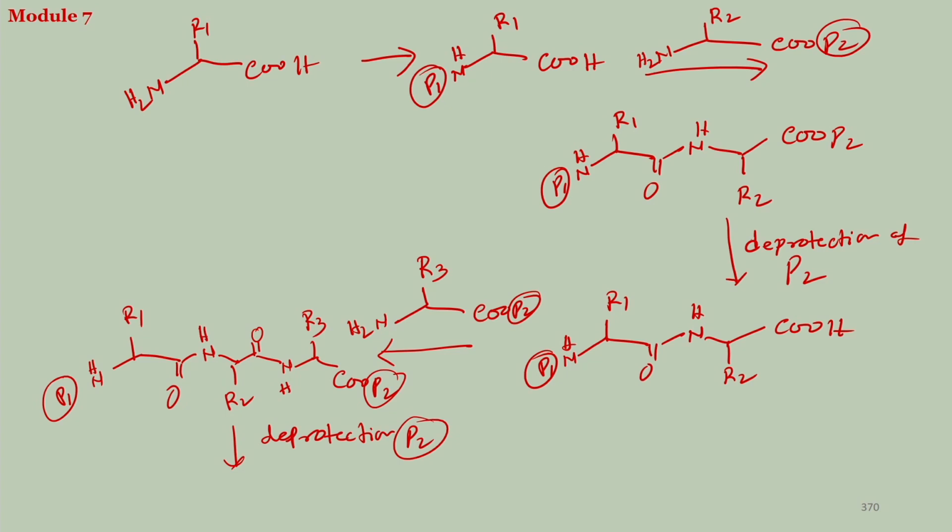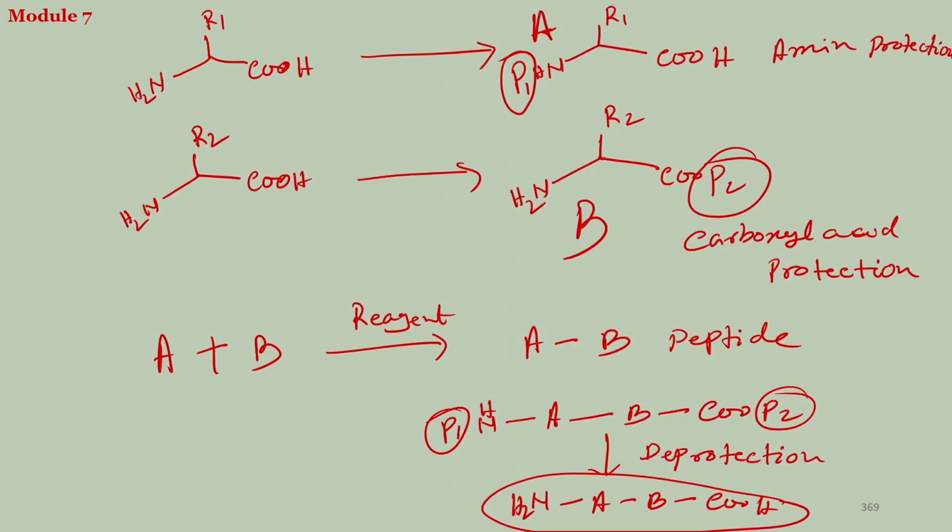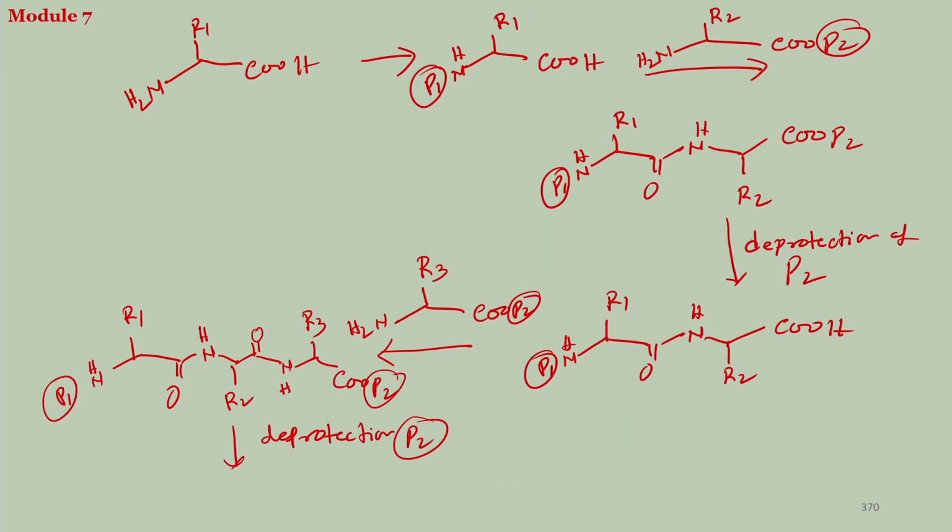We use it for, especially for solid phase peptide synthesis, we use the protection of the amine group, amine side chains, that we will see. So, this is for the protection of the acid group here, and before I have talked that we can protect the amine group also. So, both protections sometimes would be required.